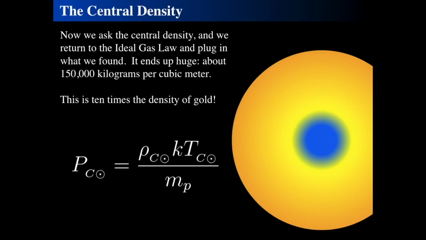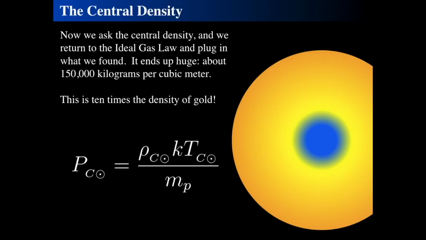We think about gold as being a solid, right? And it is at room temperature on Earth. But remember, the sun stays as a gas because it's so incredibly hot. And it stays as a gas even though the density is much greater than that of gold. And gold is one of the most dense objects that we know, which is really interesting. So the central density of the sun is extraordinarily large.